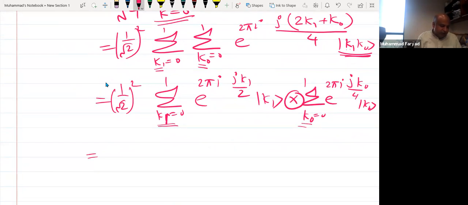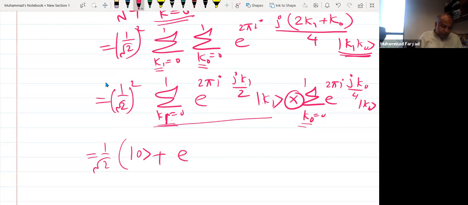So let's take this 1 over square root 2 for normalization purposes, and expand this sum as well. When I expand this sum, this will become 1 over square root 2, and first when k1 is 0, exponential 0 is 1, so I have the state 0, plus when k1 is 1, I have exponential 2 pi iota j over 2.